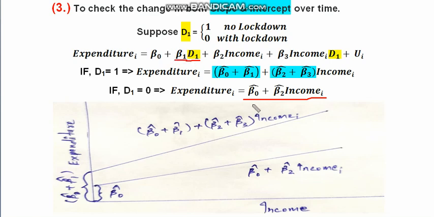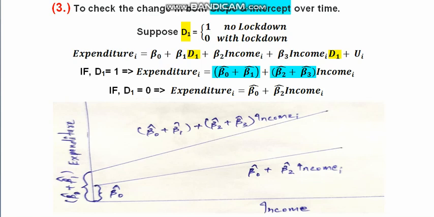So this beta 1 gets deleted. That's why we have not included it here. Again for the income variable, if d1 becomes 0, then your beta 3 cap gets deleted, and what we have is only this beta 2 cap income. So that's how we can estimate.